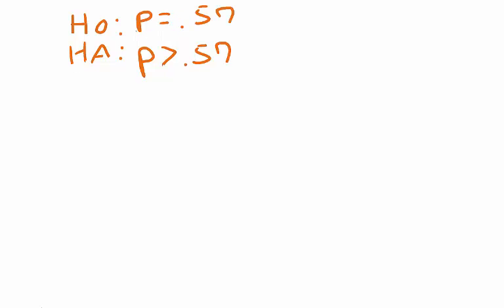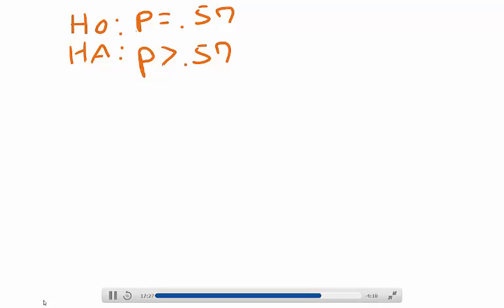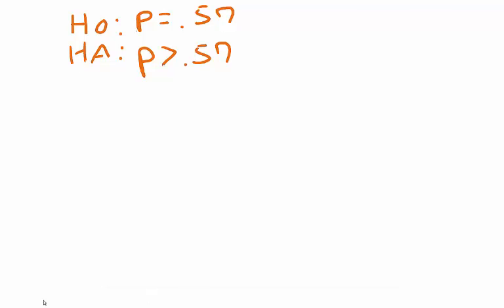We've established that our null hypothesis is 0.57 and our alternate hypothesis is greater than 0.57. So Ho is equal to 0.57 and Ha is greater than 0.57. It's our null hypothesis and our alternate hypothesis.